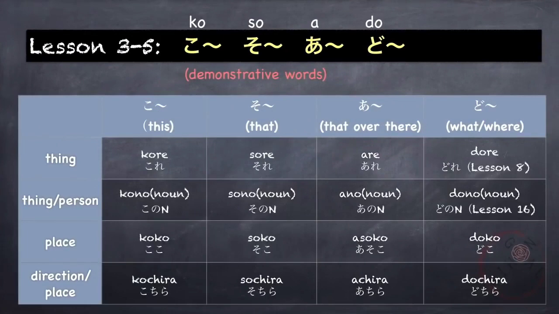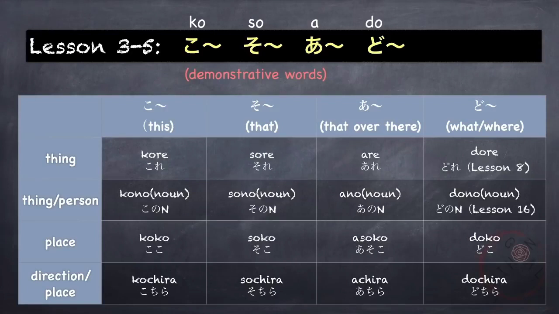Next is just the summary of all the demonstrative words that we have learned so far. Some of them begin with ko, or this, either a thing or a person. Or so, which means that thing or a person. Or a, which means that over there, a thing or a person. And the question starts with do.